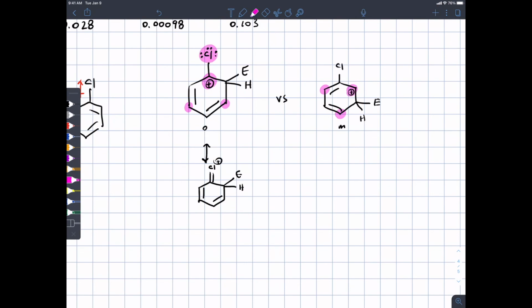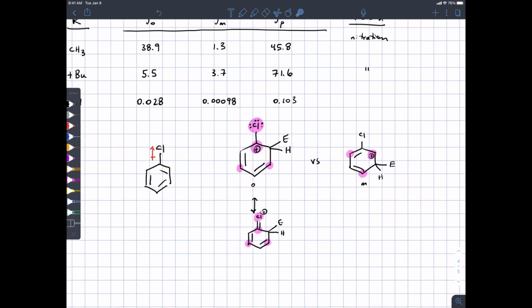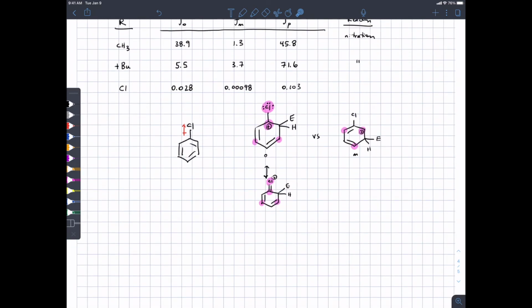But with the ortho and para substitutions, you can delocalize that positive charge even more. And so that resonance effect in the sigma complex makes it faster to react at the ortho and para positions than the meta position. All right?